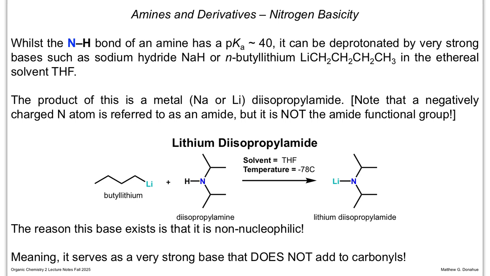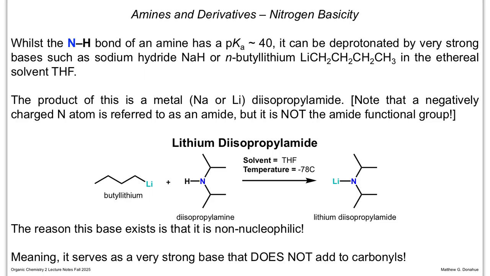So while we're on the topic of nitrogen basicity, the prior discussion was about a neutral nitrogen atom's lone pair. What we're going to look at now is forming nitrogen bases that are much stronger.